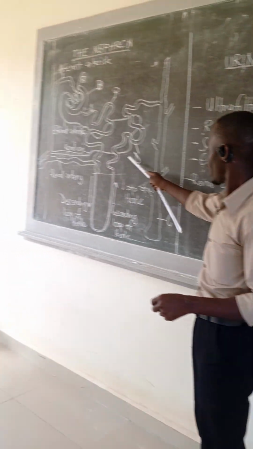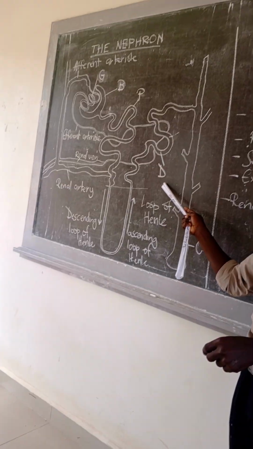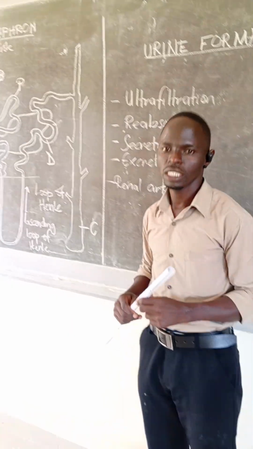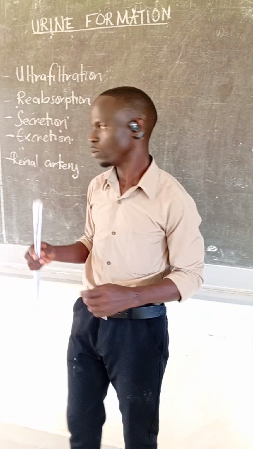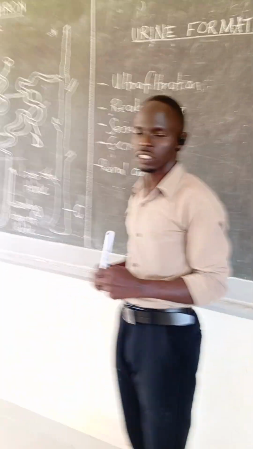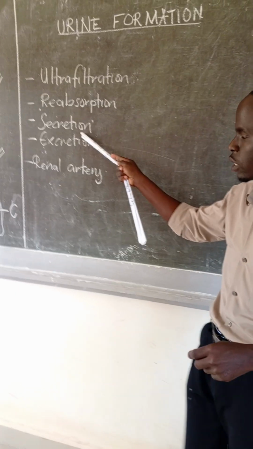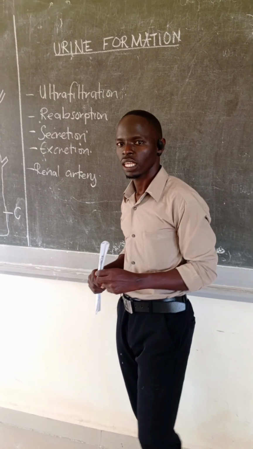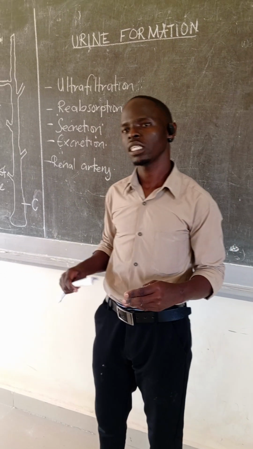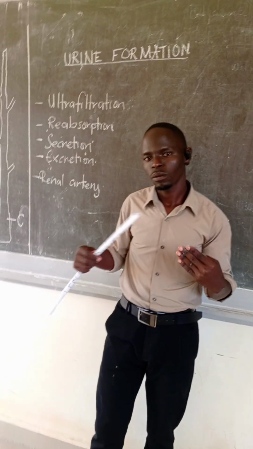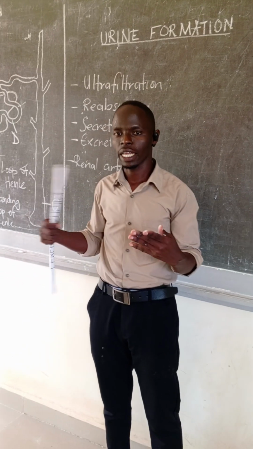We go to the other part, which is D. As it starts with letter D, it is called the distal convoluted tube. It is in this part that we are going to see the third process, which is secretion, taking place. In this part, we are going to see ions being taken back from the blood into the urine because they are in excess.